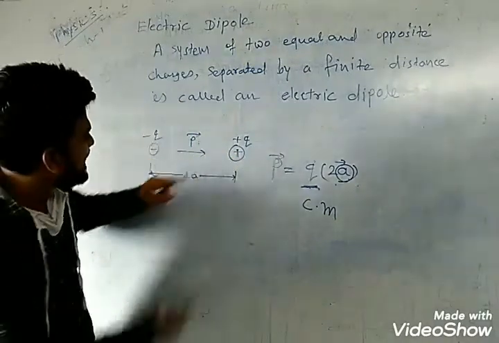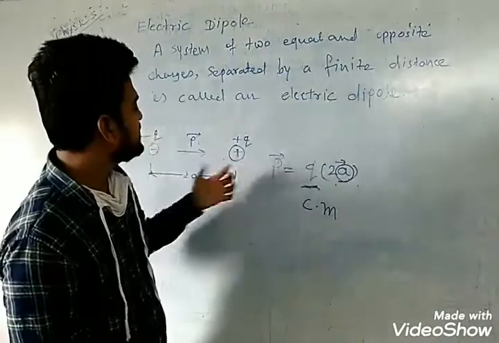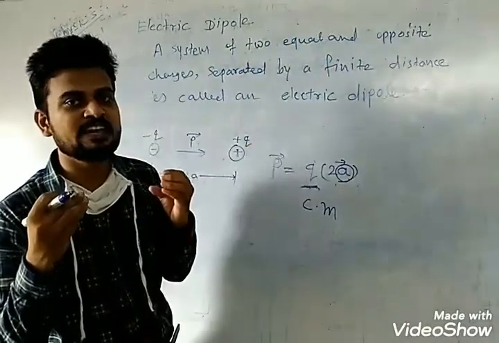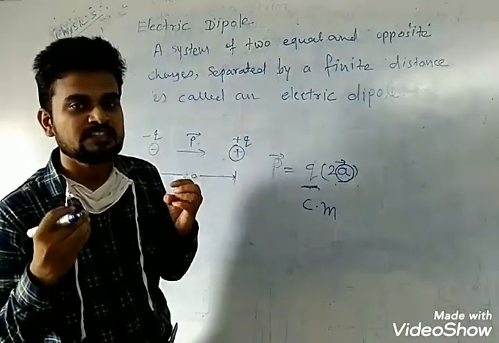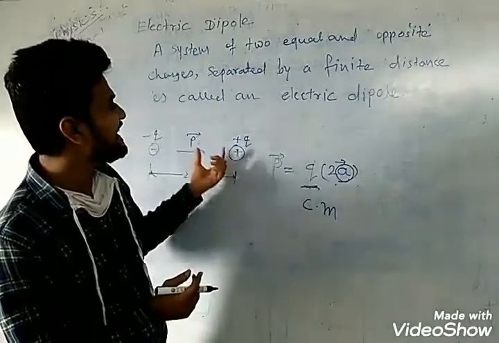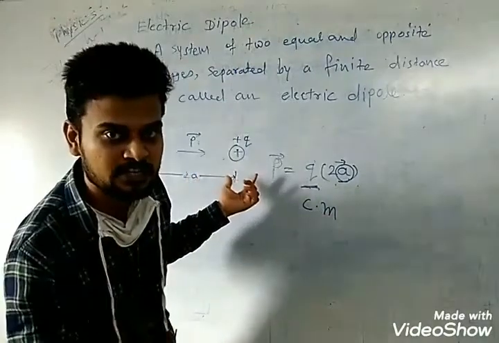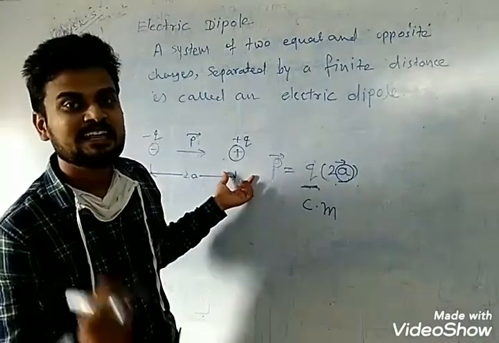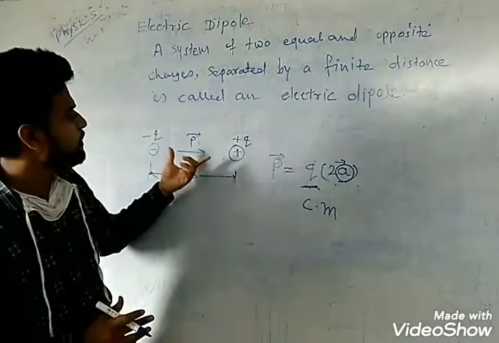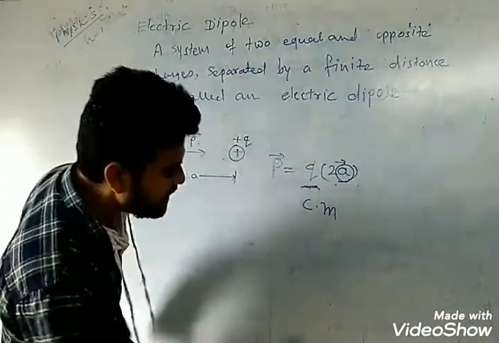Here both charges are equal and opposite, so the net charge is 0, but the electric field is not 0, because the positions of these two charges are different.